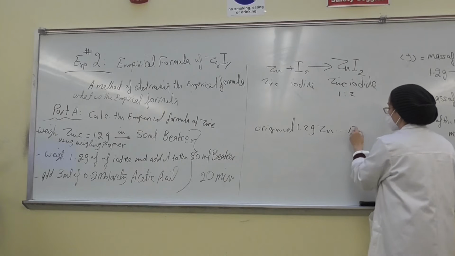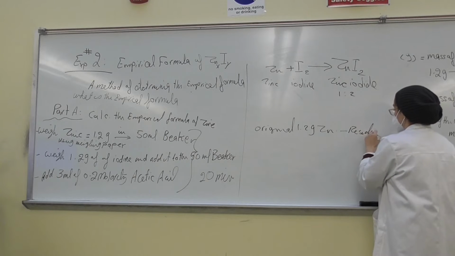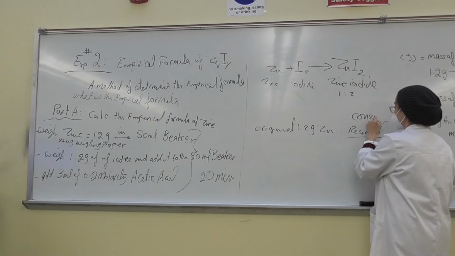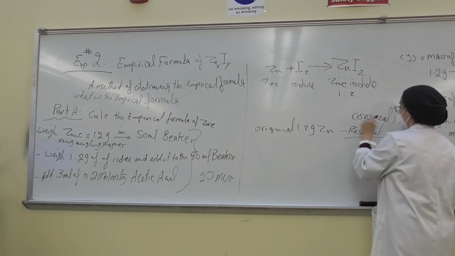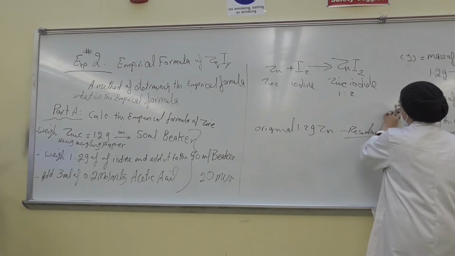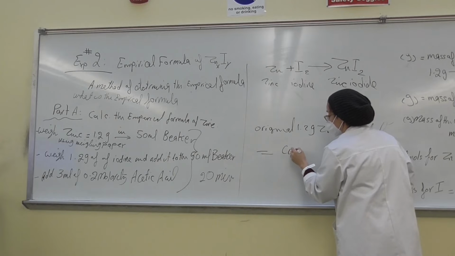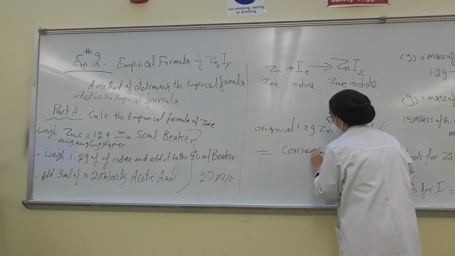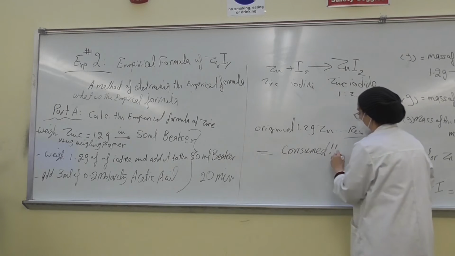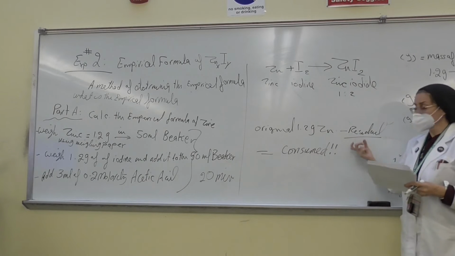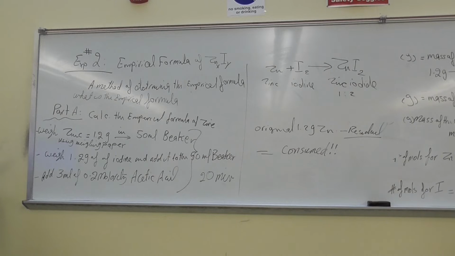Minus the residual, or the consumed. It's the same. The residual, or the leftover, will give you the consumed. That's how we're going to measure the consumed. The original is 1.2. The residual is whatever is left over in this beaker after you rinse it twice, right? Or 4 times, let's say.